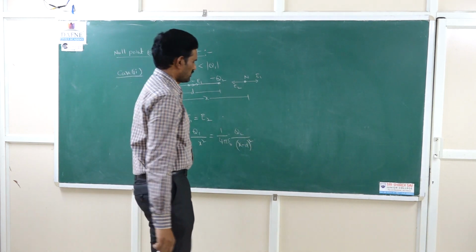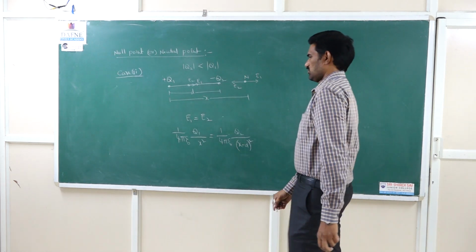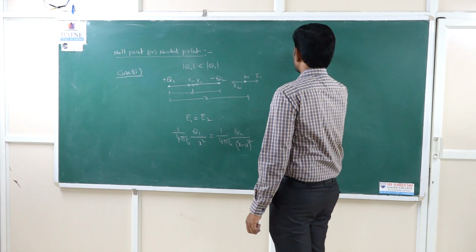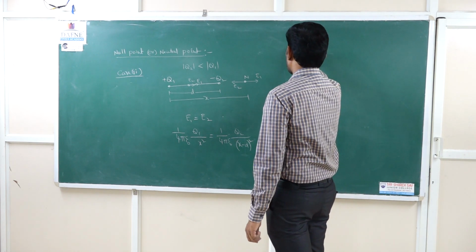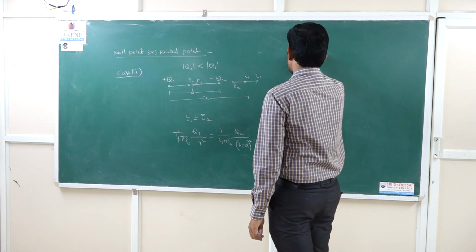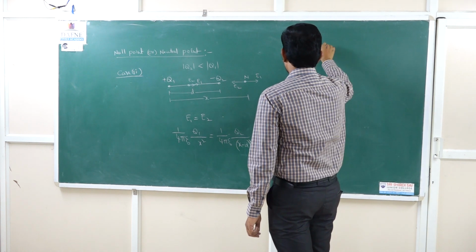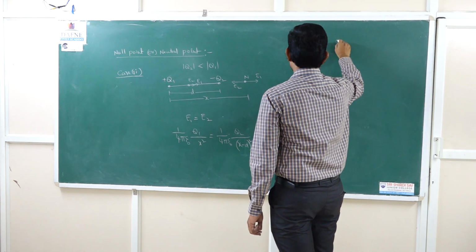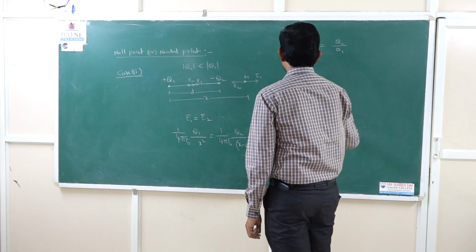So it is the distance there, and therefore I can write this, simplifying again: x minus d by x whole square is equal to Q2 by Q1.